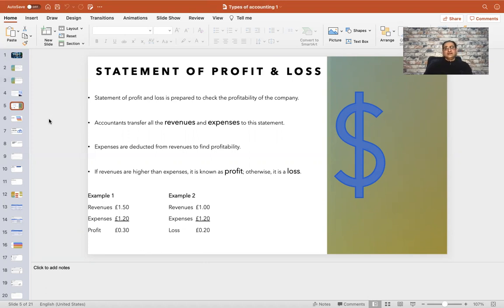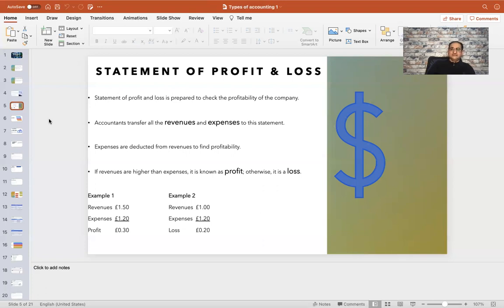There are some organizations which are providing their services. For example, a firm of accountants, a firm of solicitors. These organizations are providing their services to the customers. And if we talk about Tesco, then it is selling its goods and services to the customers. Okay, so that is revenue.